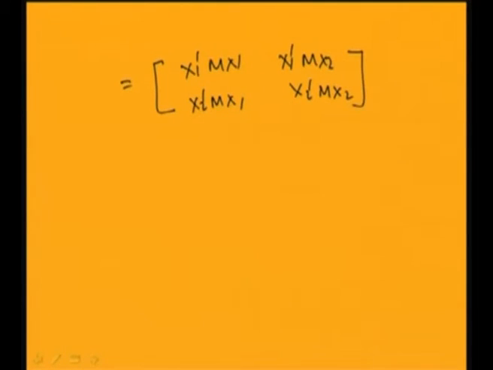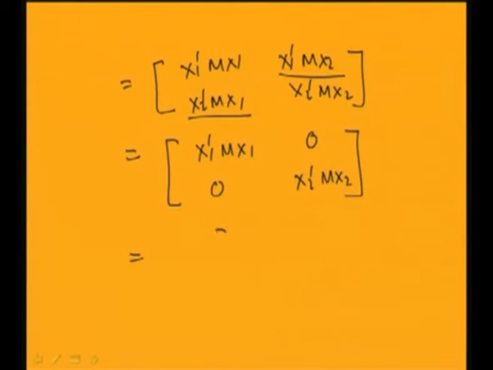Now using the orthogonality property, x1 dash M x2 equals 0 and x2 dash M x1 equals 0. So this becomes x1 dash M x1 and x2 dash M x2 on the diagonal, with zeros elsewhere. This equals the generalized mass matrix, M1 0 0 M2.